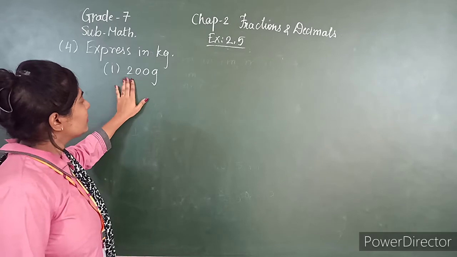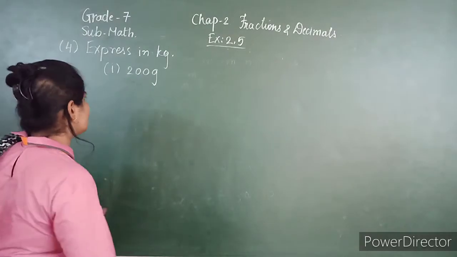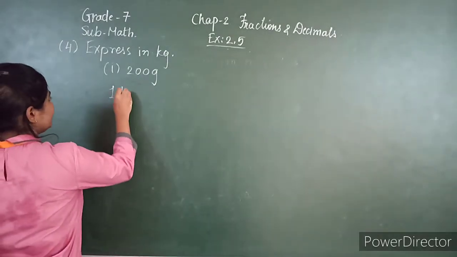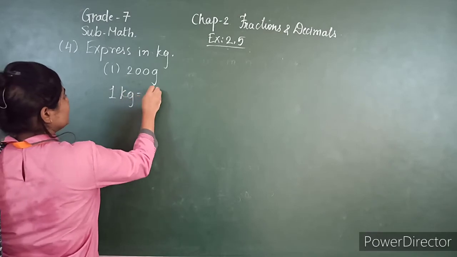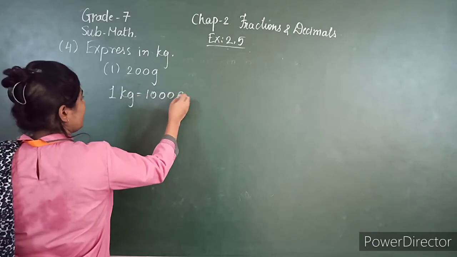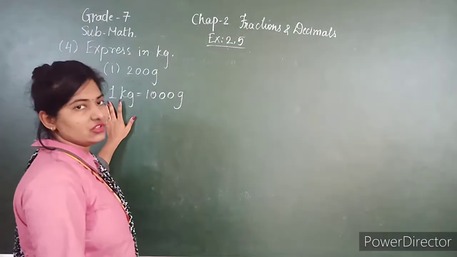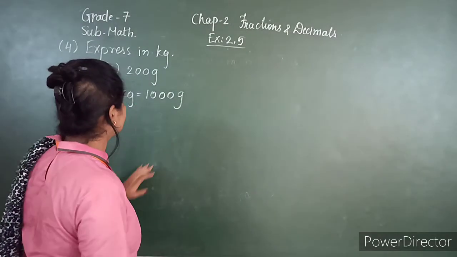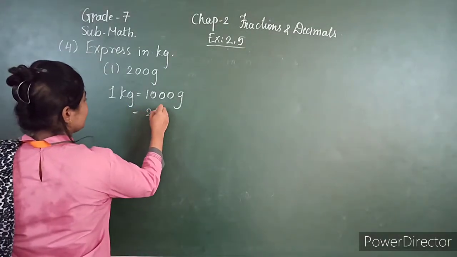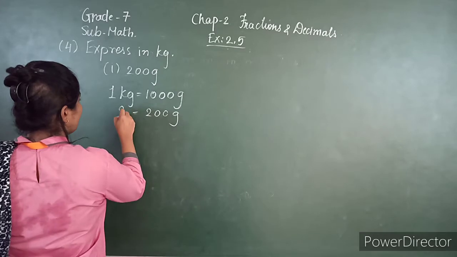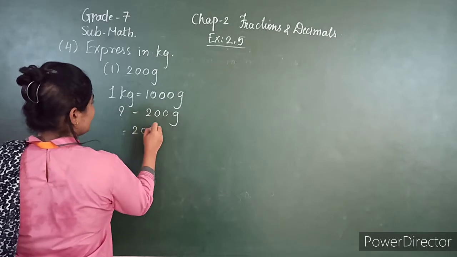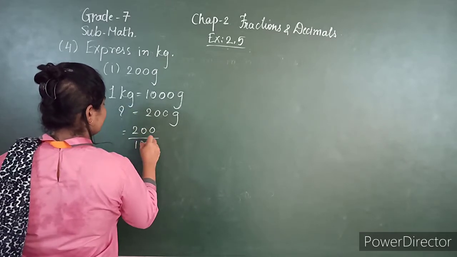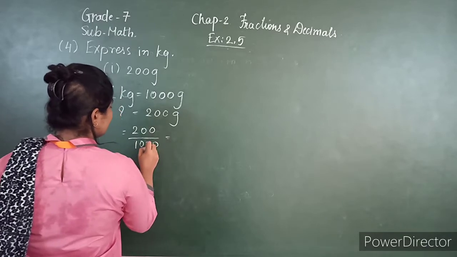Fourth number, express in kg. Here the question is given 200 grams. So we have to write the identity. 1 kg is equal to 1000 gram. This is the identity of kg. So 200 gram is equal to how much kg? So 200 upon 1000. So 3 zeros are there.